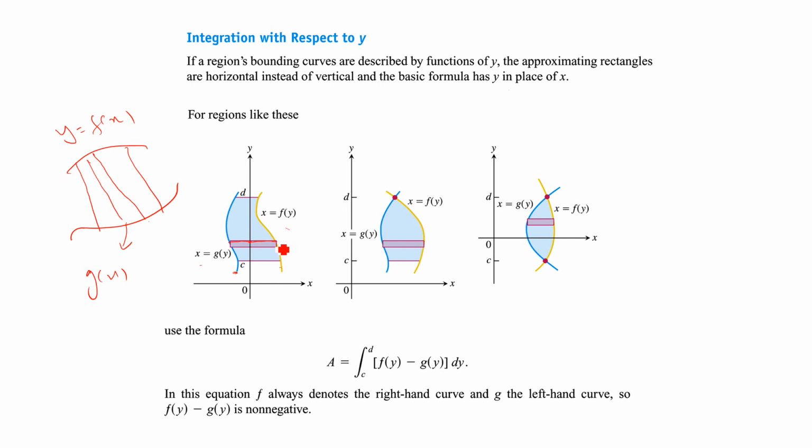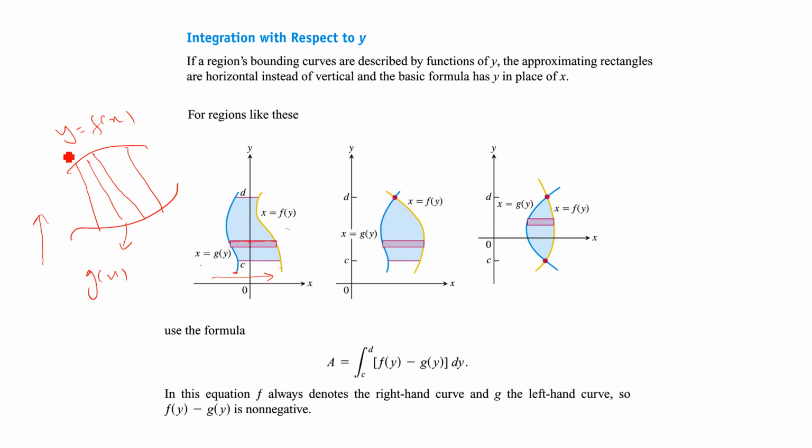The right side has greater value of x than the left side, because x increases in the right direction, whereas the positive orientation of the y-axis is upwards. So y increases upwards.